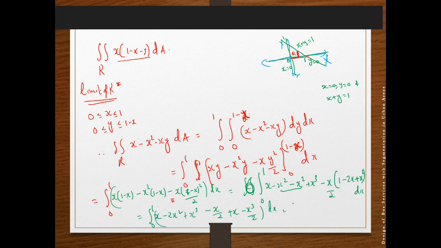So this is the integral from 0 to 1 of x minus x by 2, so that is x by 2.